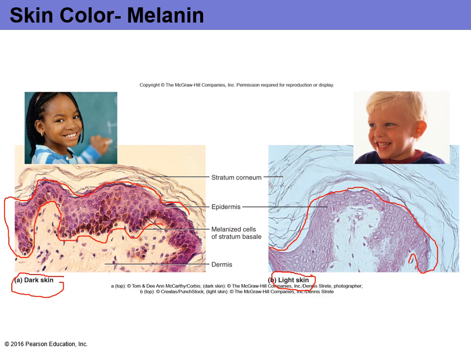This also explains why some people get a tan and some people will burn when they are exposed to high levels of sun. If your body does not naturally produce enough melanin and your keratinocytes are not willing to soak it up and put it on display, your keratinocytes have no protection and in response will burn or get inflamed or red. That is the redness that we see when someone says, "Oh, I got a sunburn."